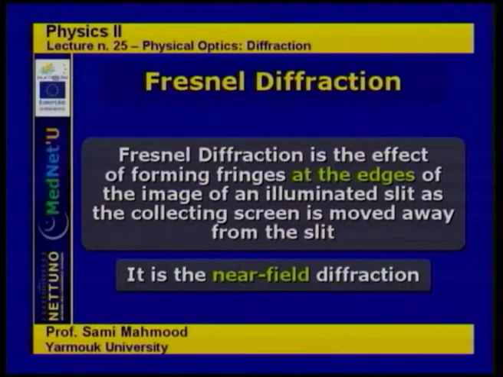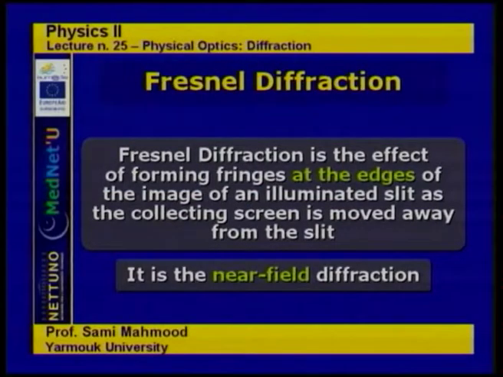This pattern is called the Fresnel diffraction pattern, and it is observed when the screen is near the slit, which is why it's called near field diffraction.